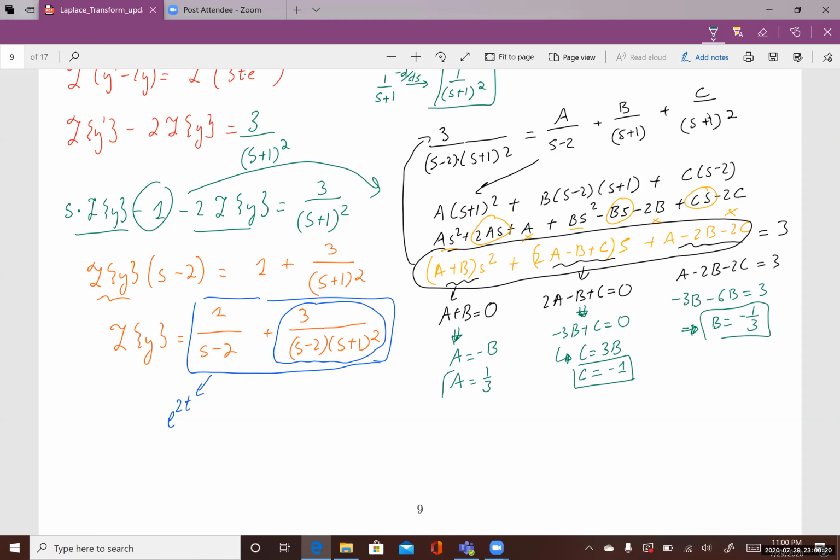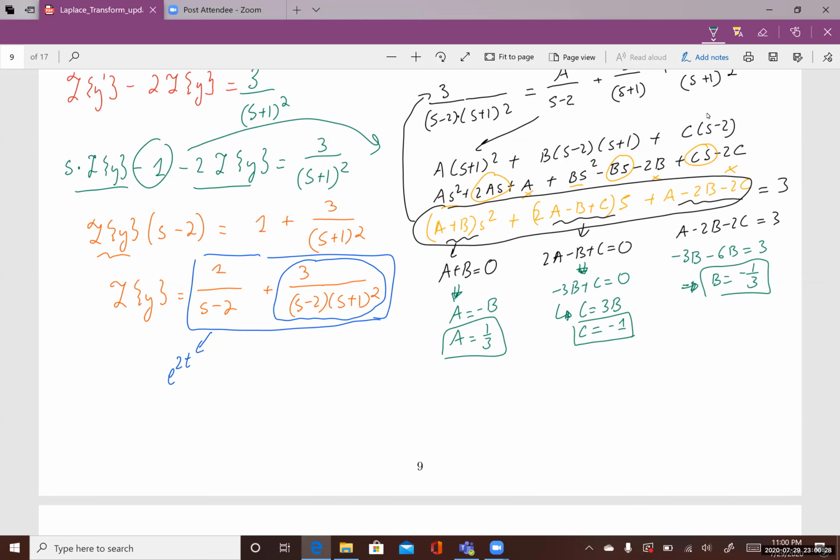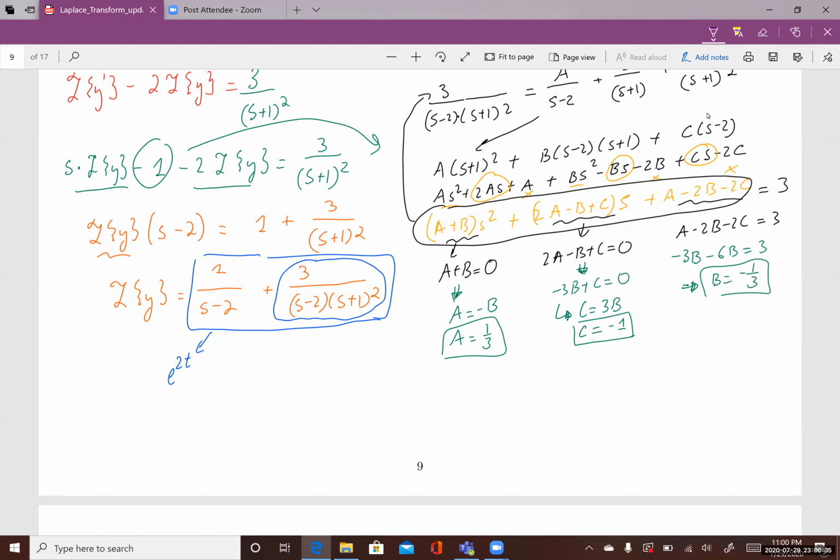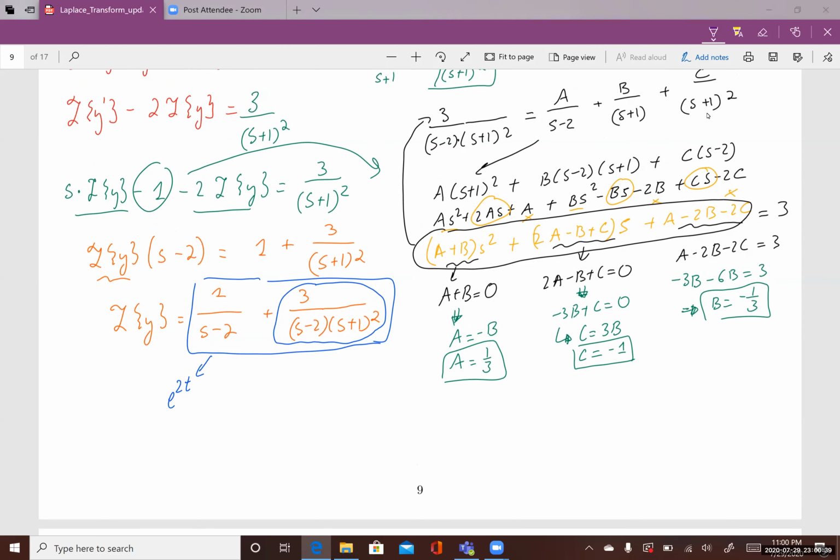So we've just found A, B, C, so then you plug A, B, C in here, and it will be equal to this fraction. Okay. So from here, I can rewrite this in terms of these 3 fractions up here. It's going to be 1 over S minus 2 plus A, 1/3, times 1 over S minus 2, right?